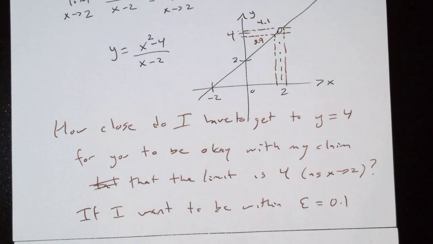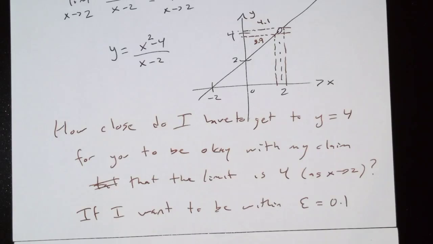How close do I have to get to x to make sure I make your tolerance for y? As long as my x is in that little window down on the x-axis, then the y values will be in the piece of the graph you said was the right place to be.